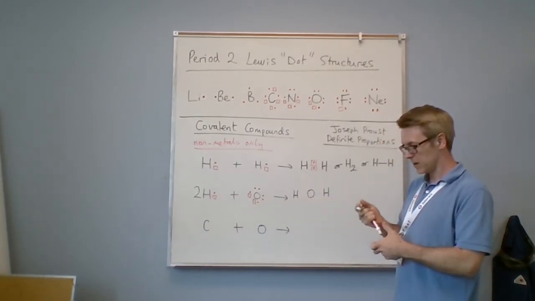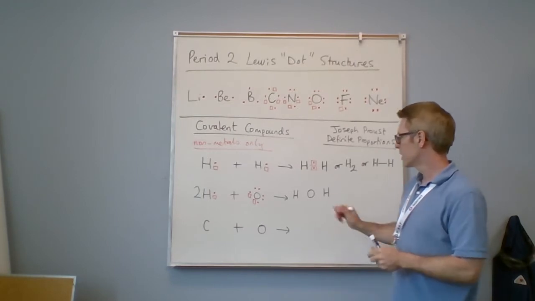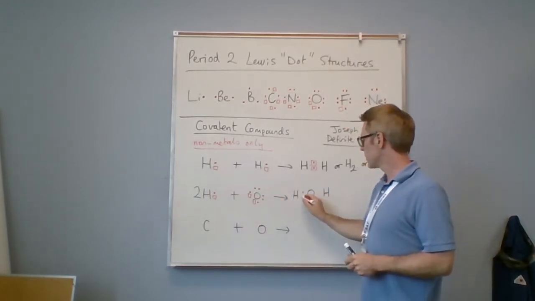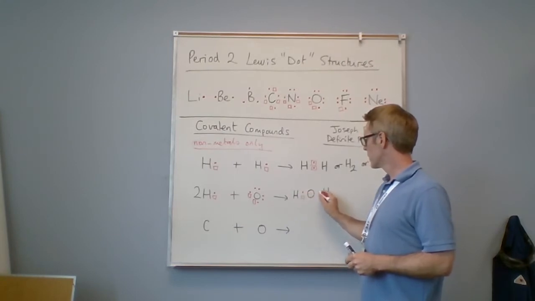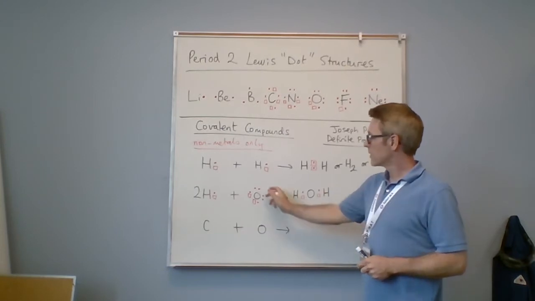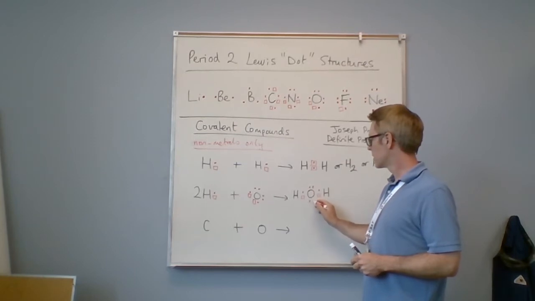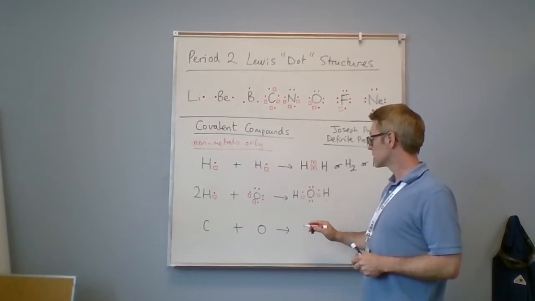Let's put some dots in here. The hydrogen has a dot in a box. The hydrogen has a dot in a box. The oxygen has 6 dots and 2 boxes.